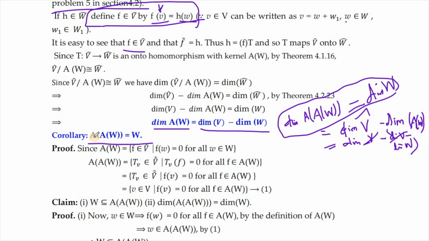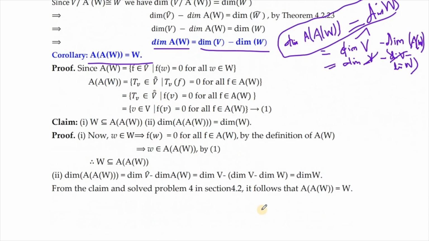One is contained in the other. So in this case we are going to show that W is contained in A of W, and both of them are of the same dimension. This argument comes from solved problem 4 in section 4.2.